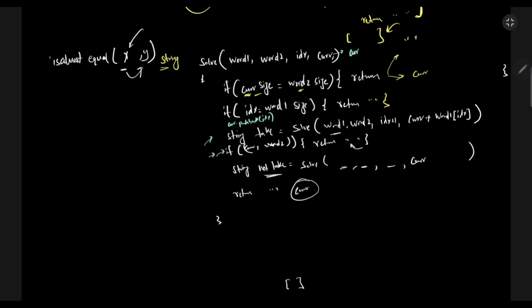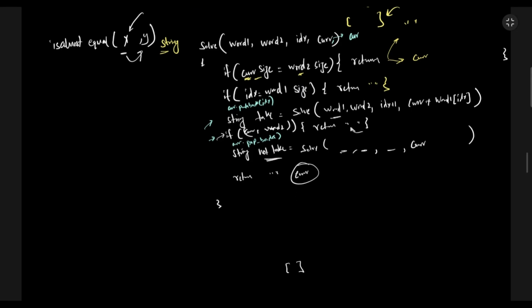Suppose this line is not executed, it means for the take case that index is not applicable. So what we will do is array dot pop back since we are not considering that element. And yeah, I think based on this one, automatically the indices will get updated according to this function. All right, now we'll code this function in LeetCode and we'll see whether this works or not. All right.